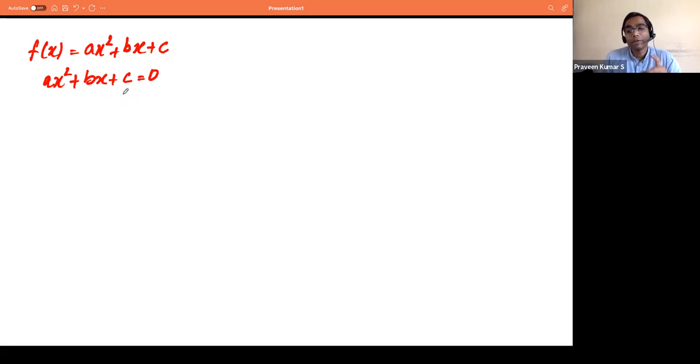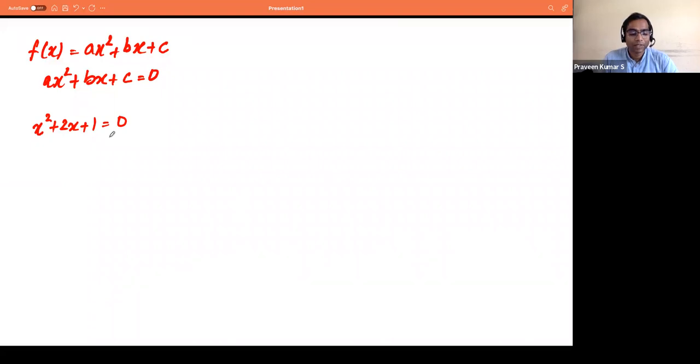Whenever you have quadratic equations, you should observe how they are represented. Now, let's say you have x square plus 2x plus 1 is equal to 0. This is a quadratic equation, right?